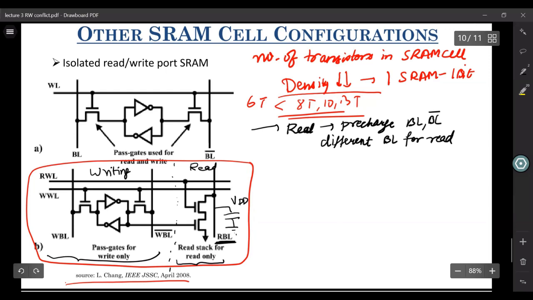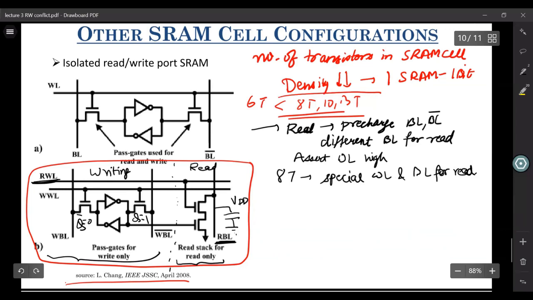And then we assert the WL high. And look at how the cell is operating. Let us assume, like we assumed in the previous case, that Q equals 1 and Q bar equals 0. And now let us assert the word line high. I mean, this was the read word line. So this 8T configuration has a special word line and bit line for read.